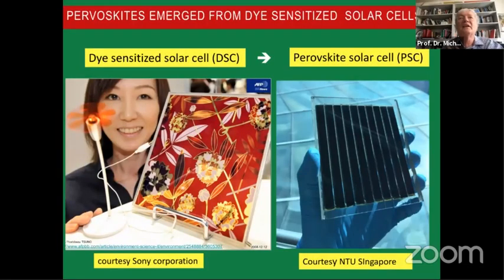But really, what we want to talk about today as well is this very exciting evolution since 2009. On the left you see the beauty of a dye-sensitized solar cell. It's a Sony realization, and here you see that black perovskite cell.